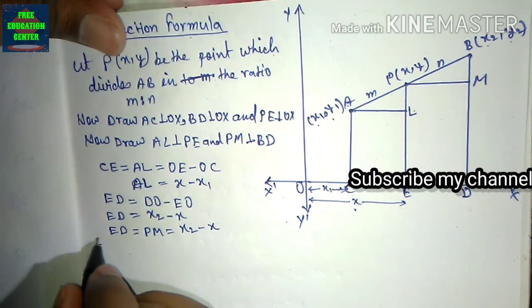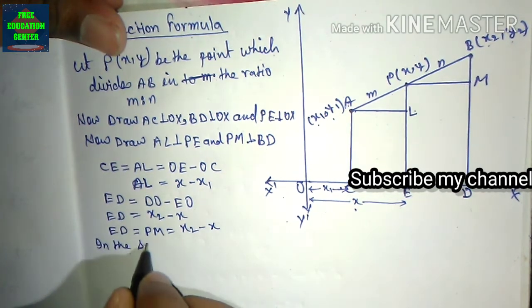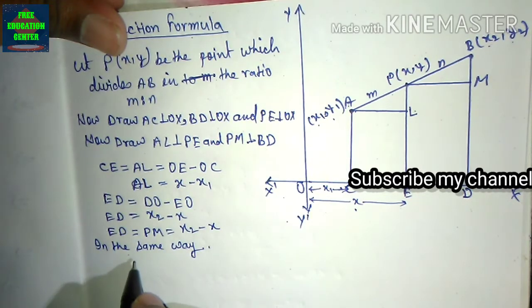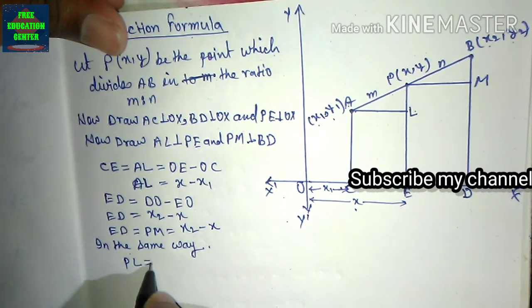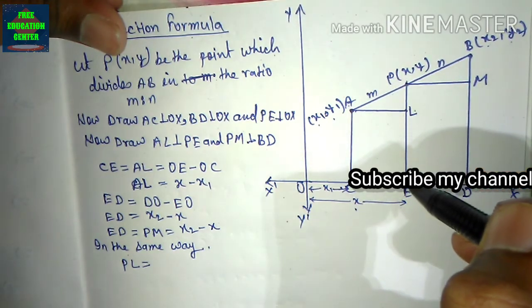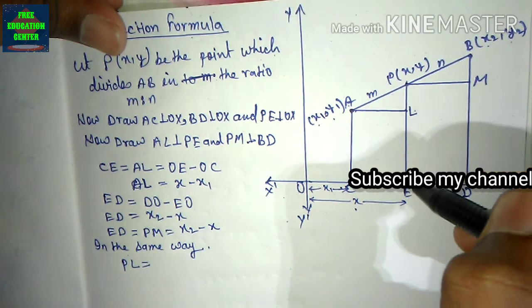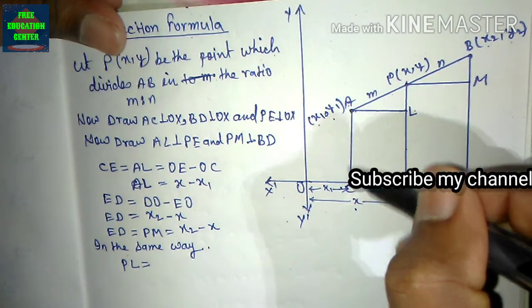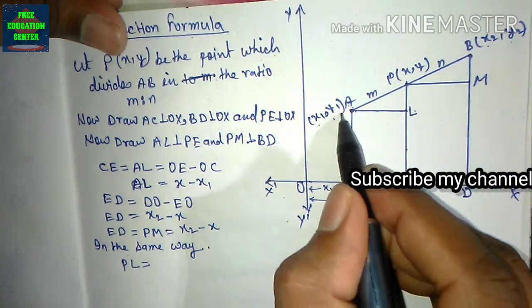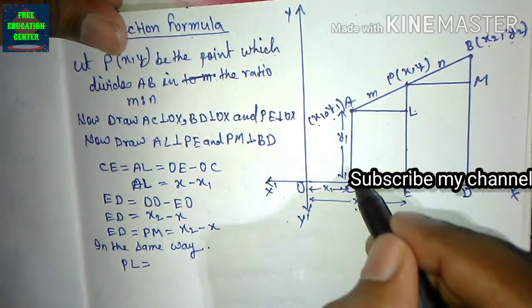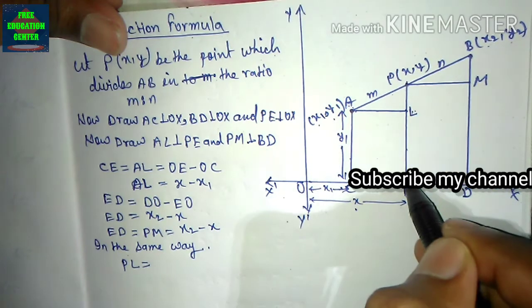In the same way, PL equals PE minus LE, and this LE equals AC, and this AC is y1, which is equal to LE.